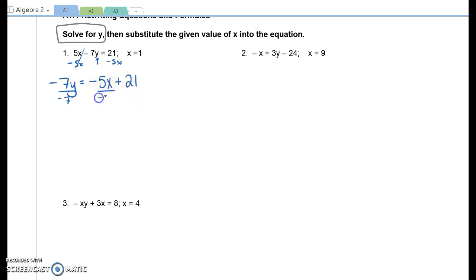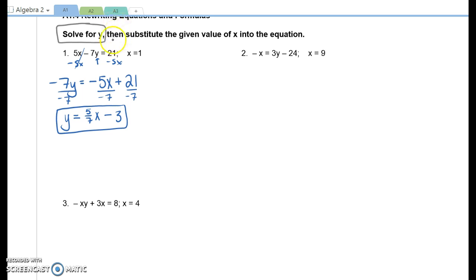I'm going to encourage you to divide every single term by negative 7. It will help you to fully simplify your result. So our simplified equation is y equals positive 5/7 x minus 3. This is the most simplified, best version of this equation.